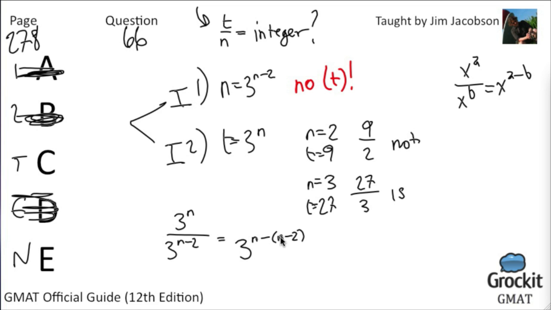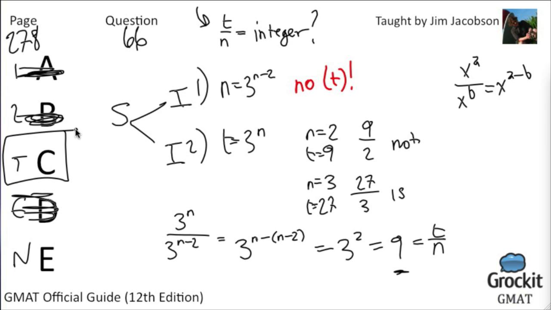So n minus n is 0, minus 2 is negative 2... wait, dividing gives 3 to the n minus (n minus 2), so minus minus 2 is positive 2, so that equals 3 squared, which equals 9. That's t divided by n. t divided by n did give us an integer, so n is a factor of t. The two statements in conjunction are sufficient, and we can select answer choice C.